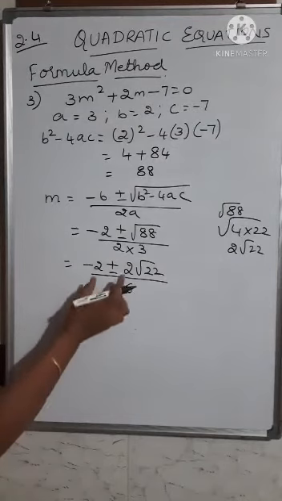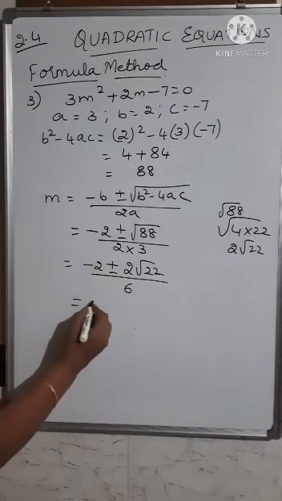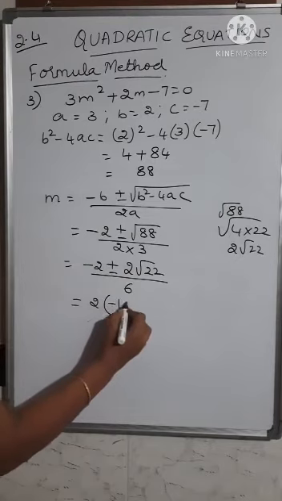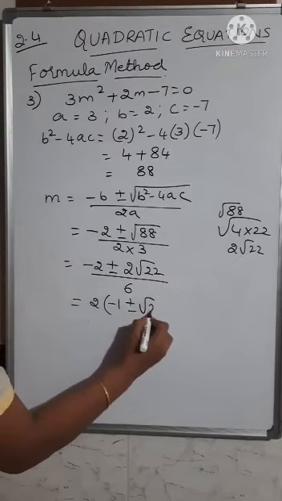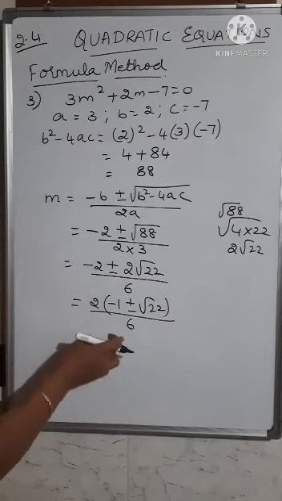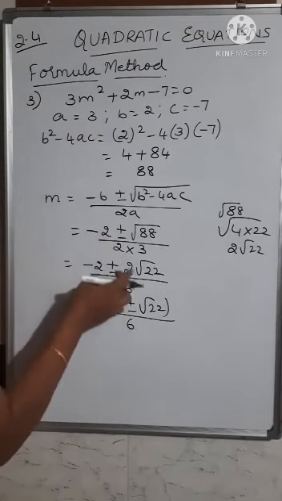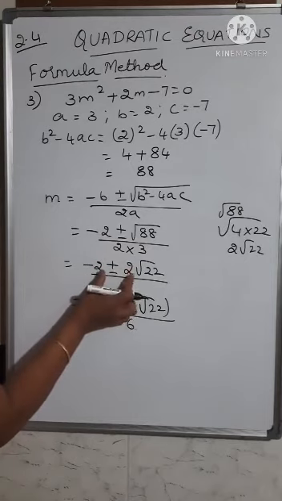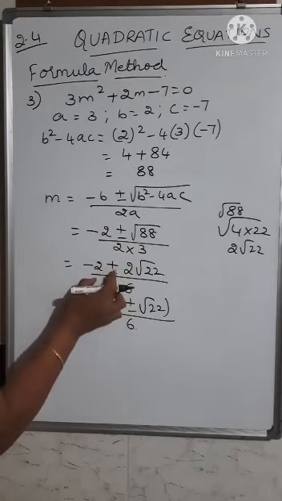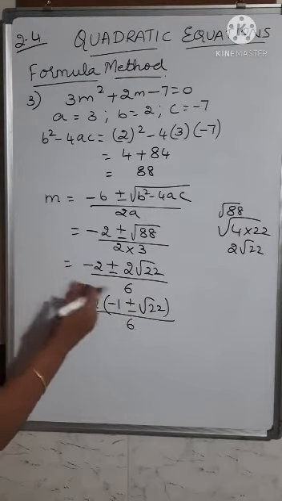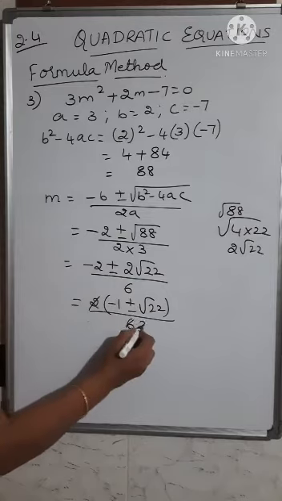Now next, you have got 2 common here, so take out 2 as common. Then in the bracket you will be left with minus 1 plus or minus root 22 upon 6. Now you have to do the cancellation. Here don't do the cancellation, here also don't do the cancellation, because between the two terms you have a plus and minus sign, you should not do the cancellation. Take it out as common and then do the cancellation. 2 ones are 2, 2 threes are 6.